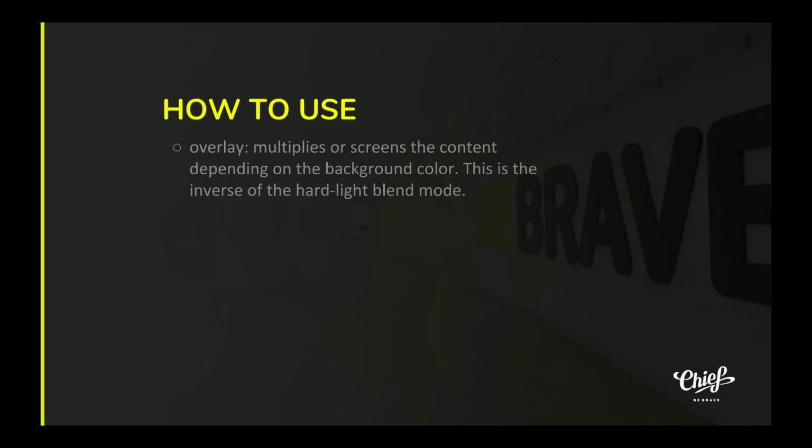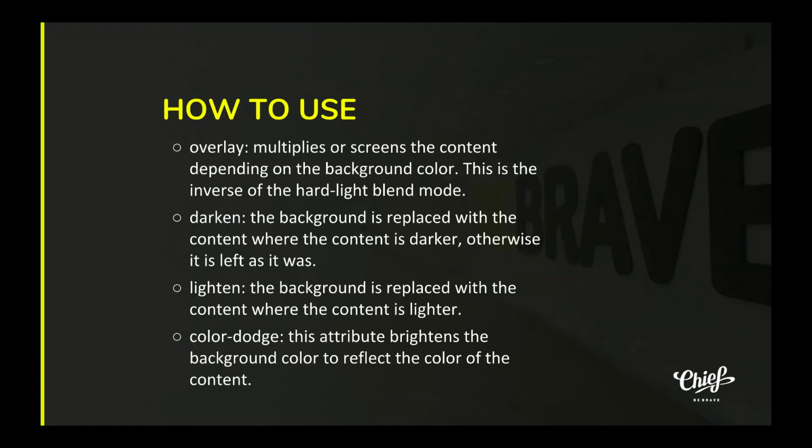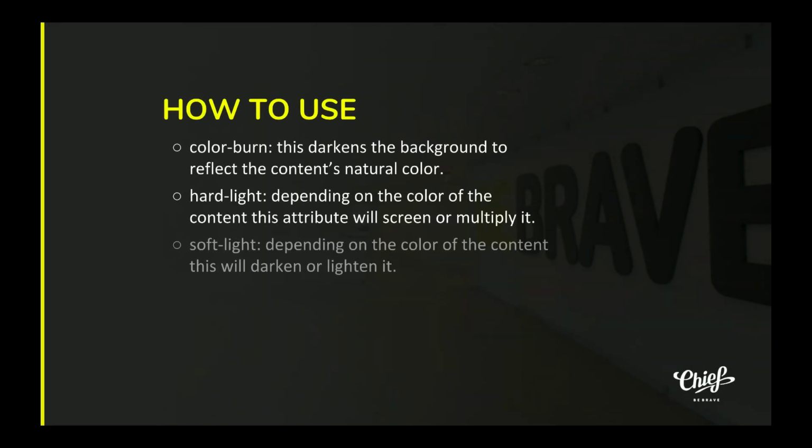And then there are a few more of these which do very similar things. I would recommend going into your browser and basically just tabbing through them to see which one is right for your use case. But you can do overlay and darken and lighten and color dodge. A few more, color burn, hard light, soft light.